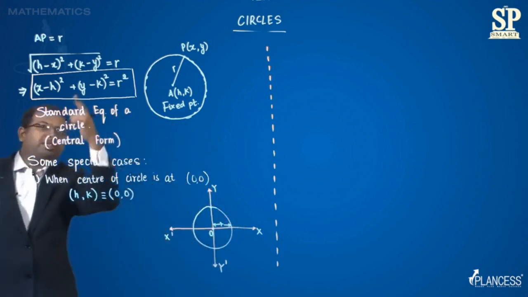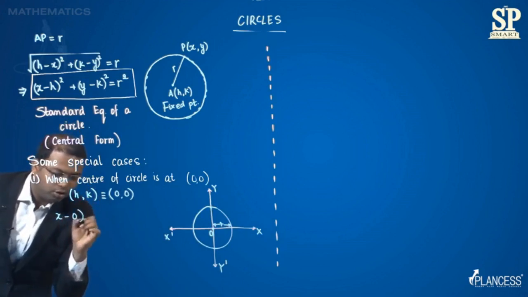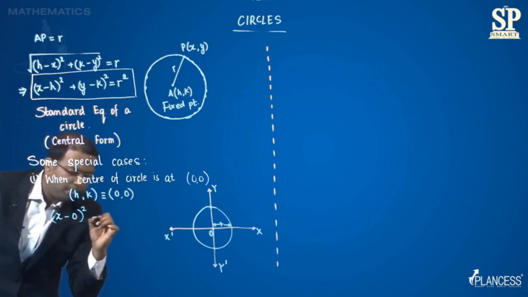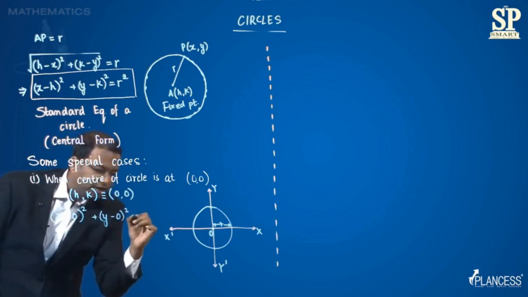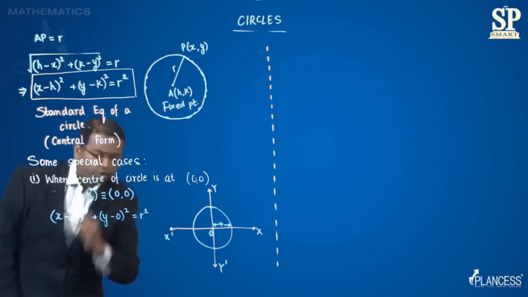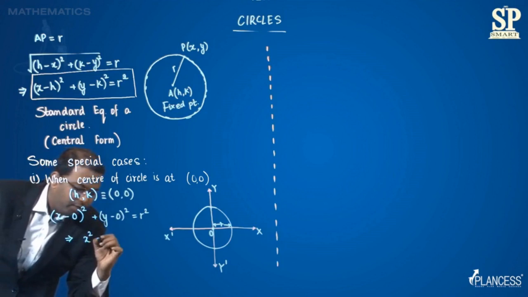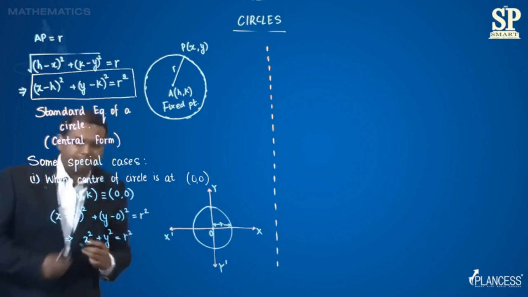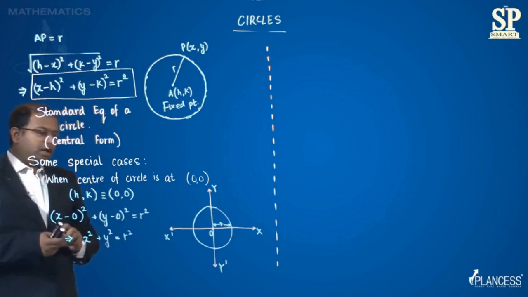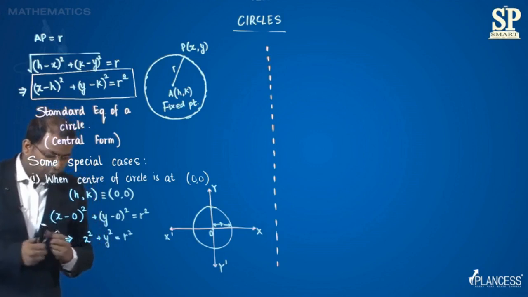So what equation becomes, that we have x minus 0 whole square plus y minus 0 whole square is equal to r square, and hence we have x square plus y square equal to r square. So this is the case when the center of the circle is at the origin.